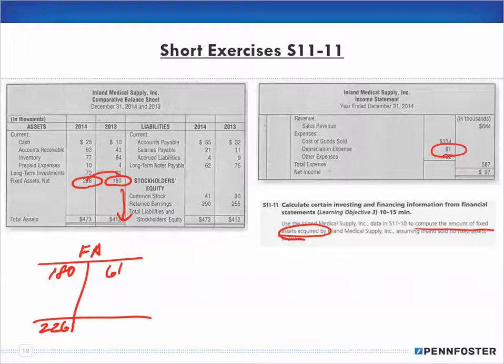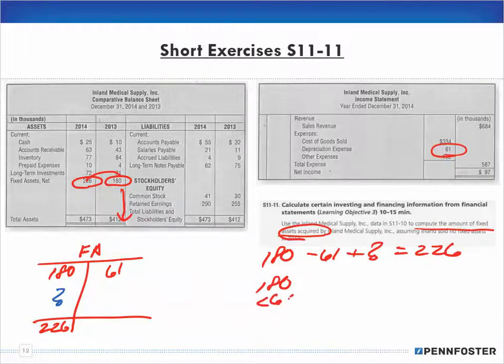And then it's just a matter of, here you have 3 out of 4 numbers. You're able to figure out the fourth, and so we start out with the 180,000, and then we subtract the 61, and then we need to add back in whatever that amount is, and that's going to equal the 226. So that's in formula form. Let's do the math. 180 less 61 gives us 119, and if I have 226 and I subtract the 119, that ends up with 107.